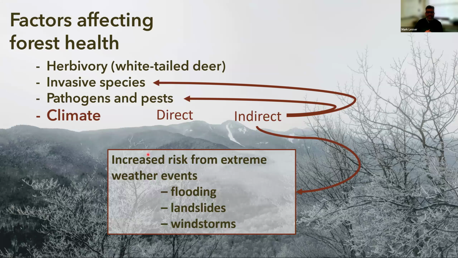Last summer, the amount of flooding through northern New York was pretty monumental. And that is potentially going to lead to a lot more landslides, especially in high elevation areas. And then also windstorms are becoming more prevalent as well. All of this is going to impact forest health, regeneration, and the forest structure and composition.